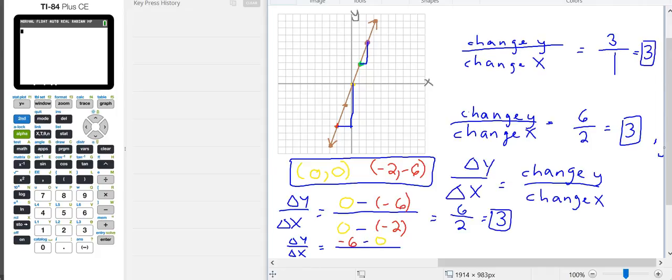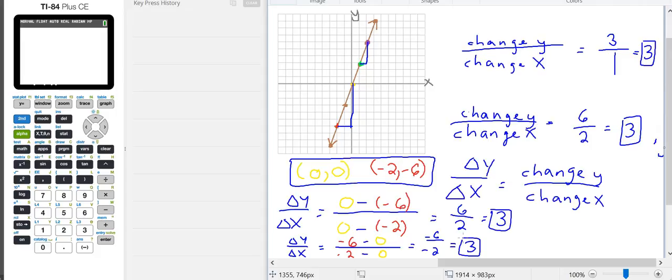And for our change in x values, we're going to do -2 minus 0. So -6 minus 0 is -6. -2 minus 0 is -2. -6 over -2 is +3. We got the same slope regardless of how we did it.